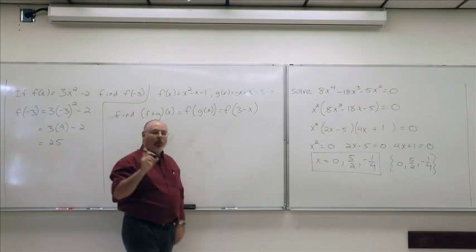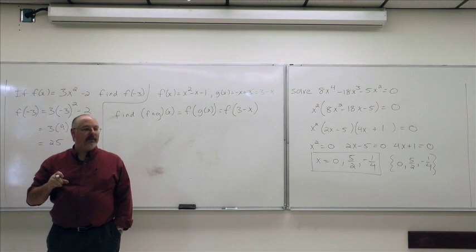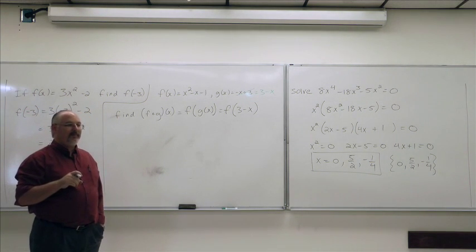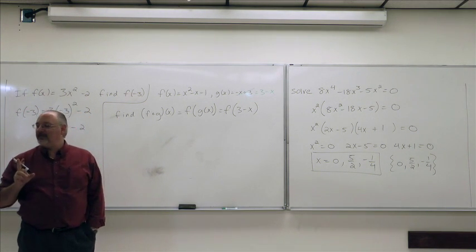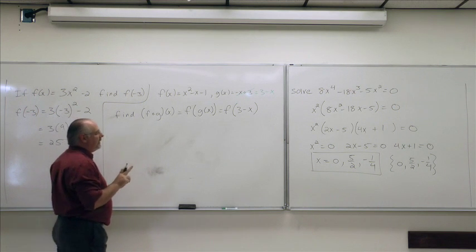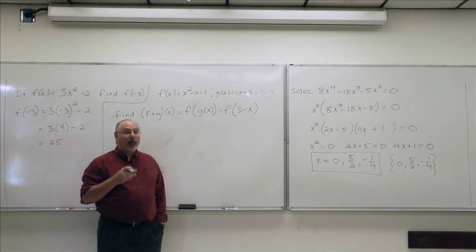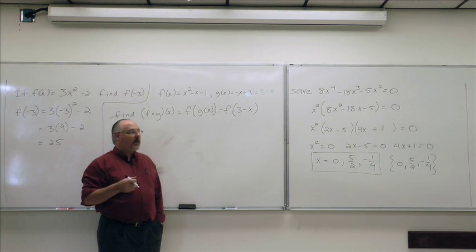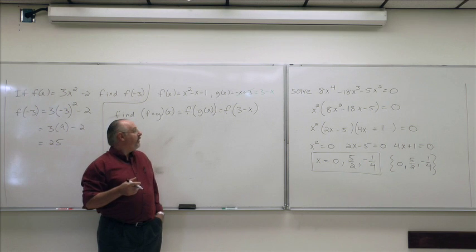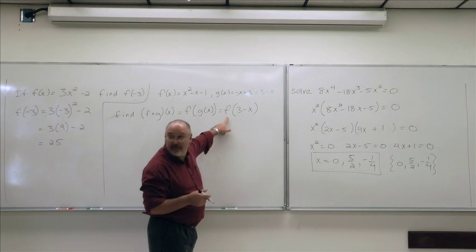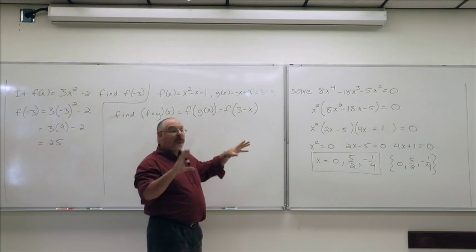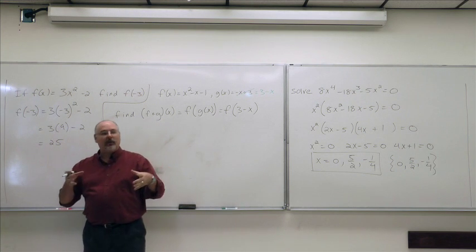Now at this point, what function are we dealing with? It's a very simple question that a lot of students don't understand. What function are we dealing with? F. How do you know we're dealing with F? Because you have to put 3 minus x. No. Because it says F. I've had students over the years put the wrong thing into the wrong place.